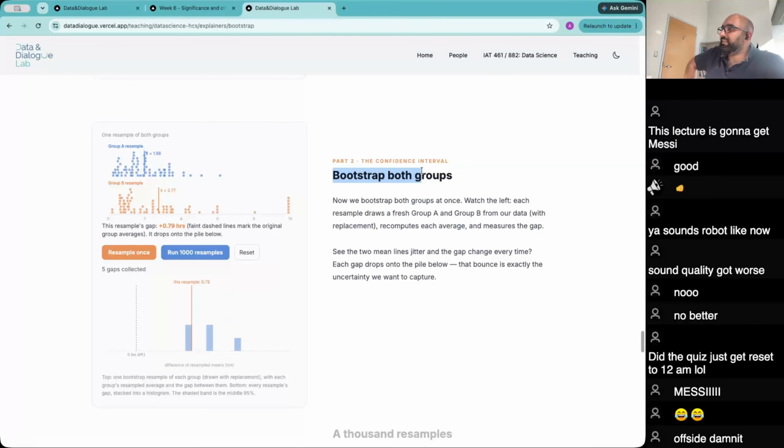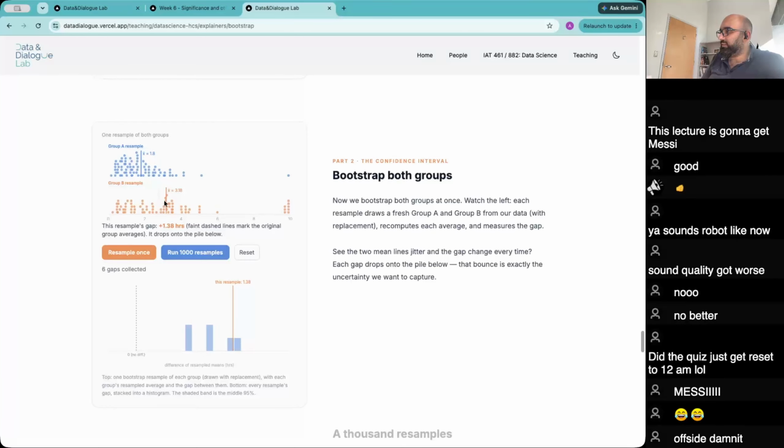So we can bootstrap from both groups. So we have group A. We keep picking, let's say, 20 samples from group A with replacement and from group 2 with replacement. Then we calculate this difference every time, right? This is the difference between this line and this line. Every time we take a sample, we calculate it.